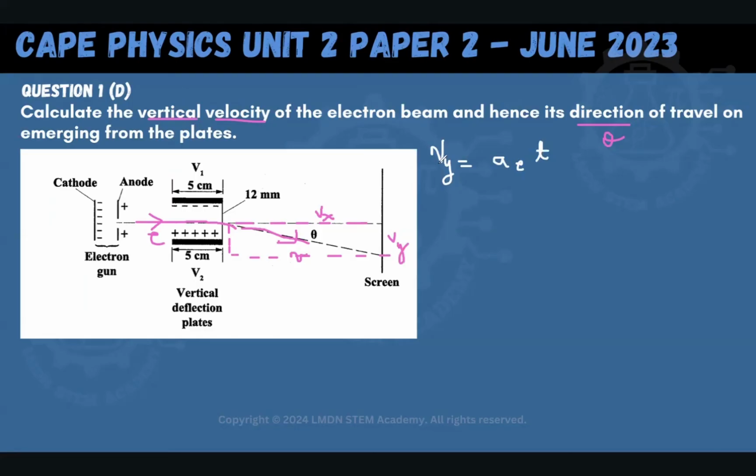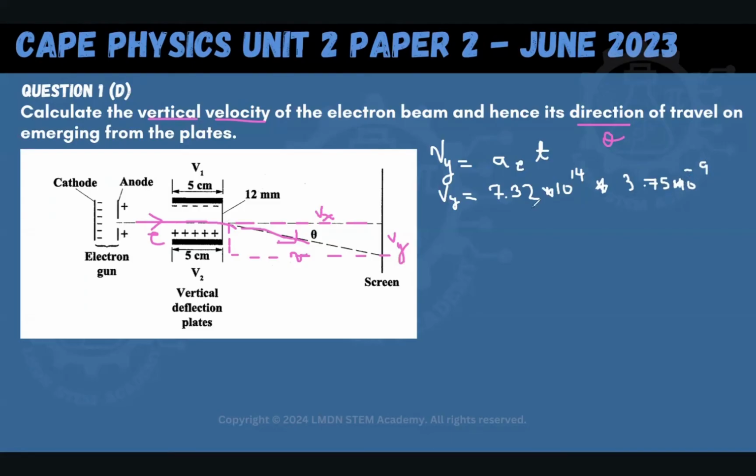So Vy, then, we know the acceleration from earlier is 7.3 times 10 to the 14. And then the time is the time that it took to emerge, so that's the time as it is emerging. It took 3.75 nanoseconds to come through, so that's the time that we're going to put in here.